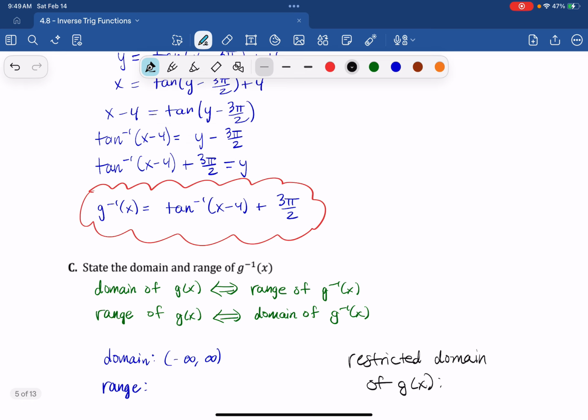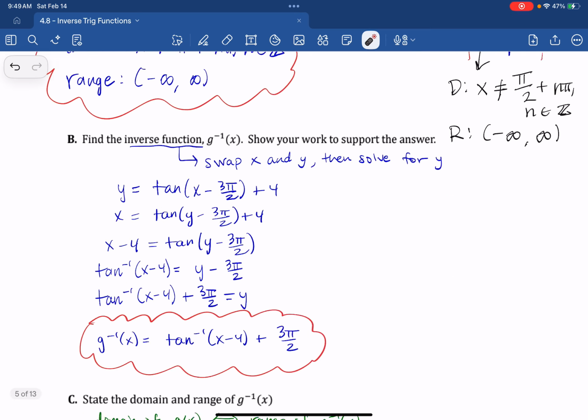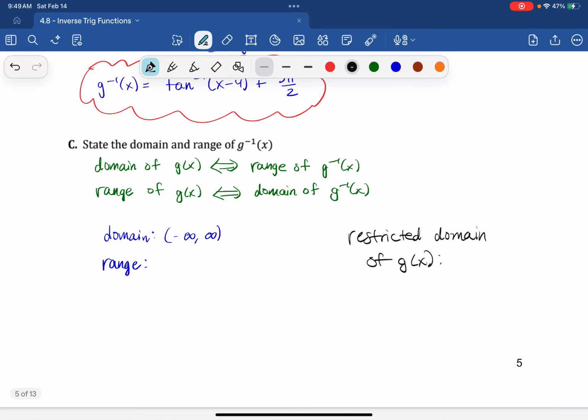Well, all we need is just one period. So since we know that for g, the domain starts at pi, its period is pi, so it'll end at 2 pi. So the restricted domain for g is going to be pi to 2 pi. So that will give us the range of g inverse. So then the range of g inverse is going to be also pi to 2 pi.